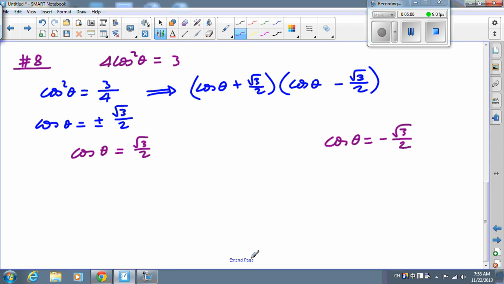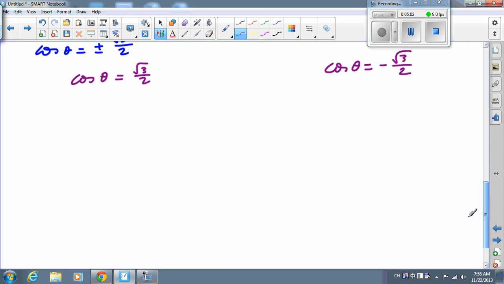Now, in case it's square root of 3 over 2, you will have the adjacent is square root of 3. Therefore, the PV for this one, with the adjacent of square root of 3, will be pi over 6. Compared to this one, the PV being, since it's negative, it's not going to be pi over 6, but 5 pi over 6.